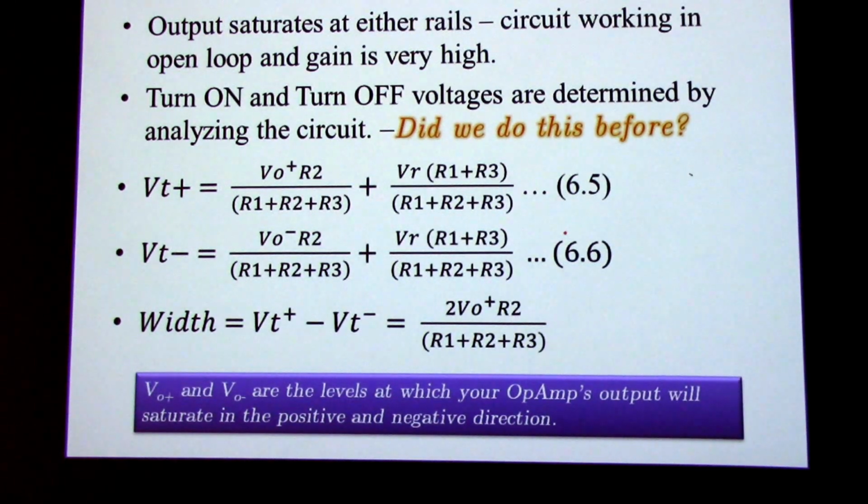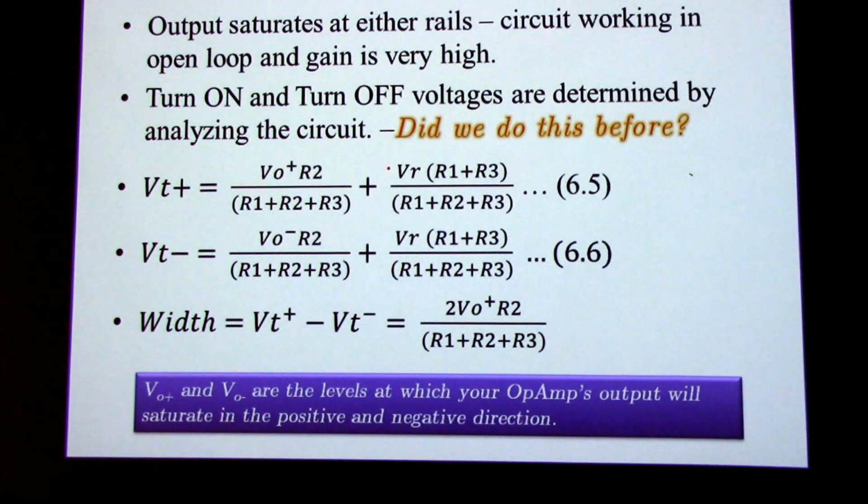So here is the analysis. The output saturates at either of the rails, that means it goes either high or low, and the circuit works in open loop with very high gain. The turn-on and turn-off voltages are determined by analyzing the circuit.